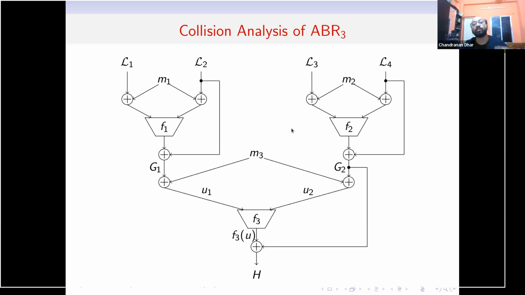So how does this help in the analysis of ABR3 but not in the analysis of greater heights? The first thing to note is that if we do this, then the final query that leads to a collision happens in either the root node or a child of the root node. As we have said earlier, bounding the load is relatively easier when the final query happens at the root node or a child of the root node.